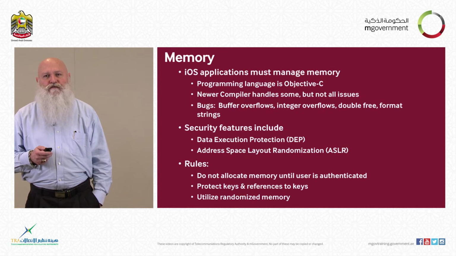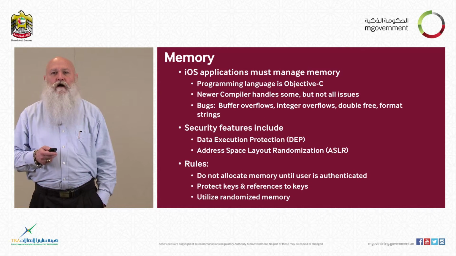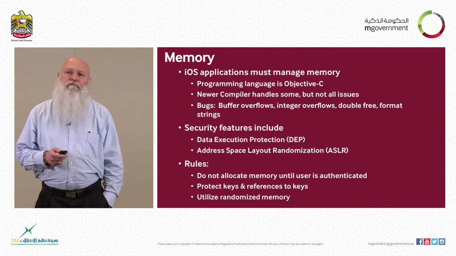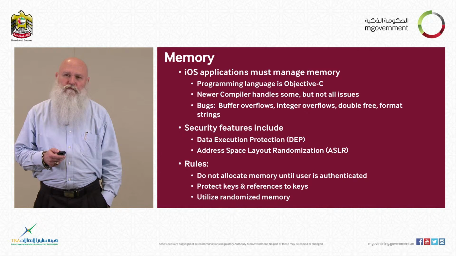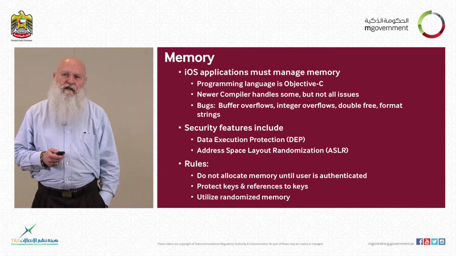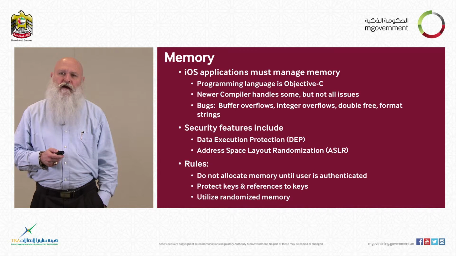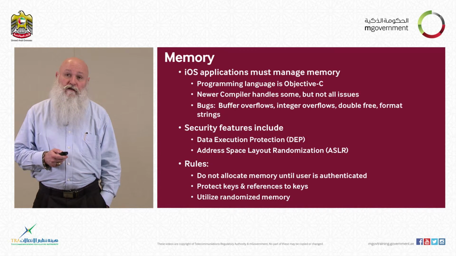The applications for the iPhone are written in Objective-C and, starting with iOS 8, Swift. Objective-C is a C family language, which means it shares all of the obligations on the programmer to allocate and manage memory securely.